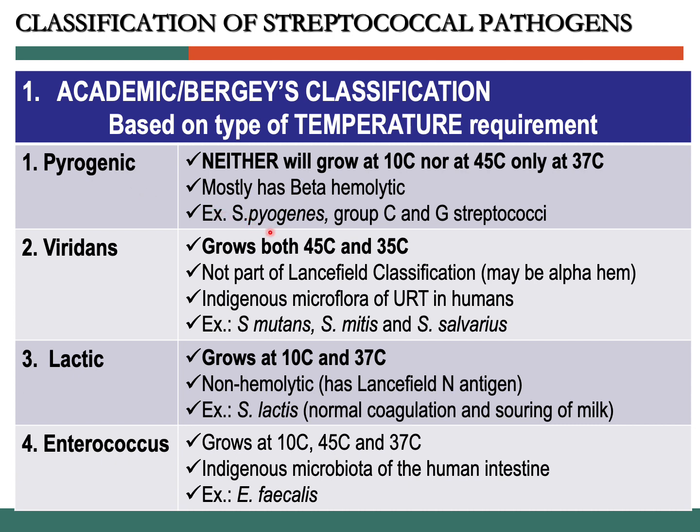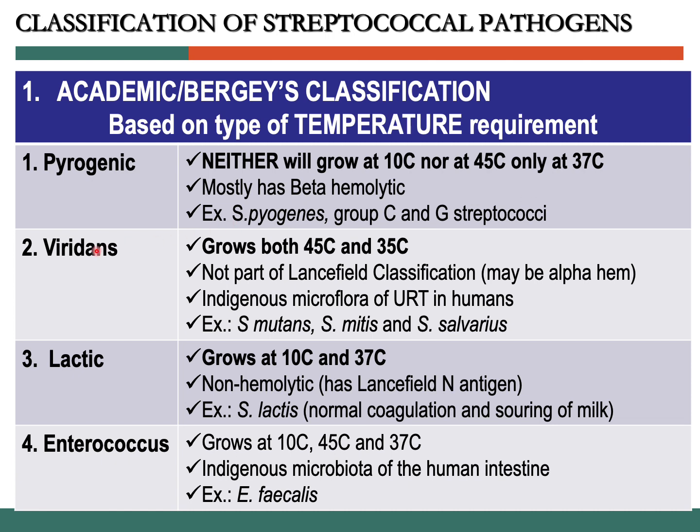Common examples are Streptococcus pyogenes, group C and group G Streptococcus. Pyogenic organisms are usually beta hemolytic and will never grow at 10 degrees Celsius nor at 45 degrees Celsius. They will only grow at 37 degrees Celsius.